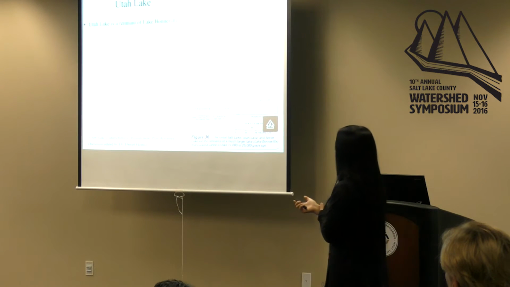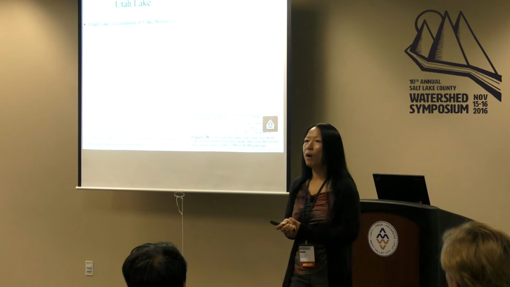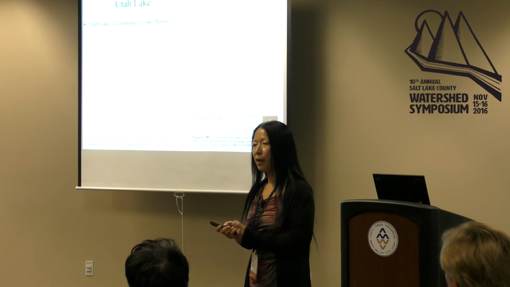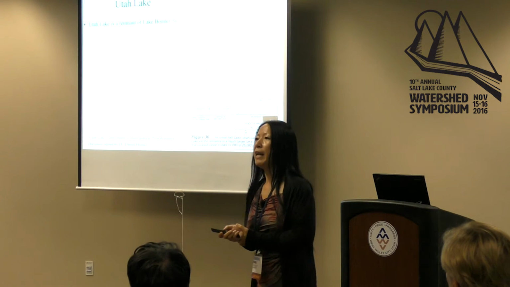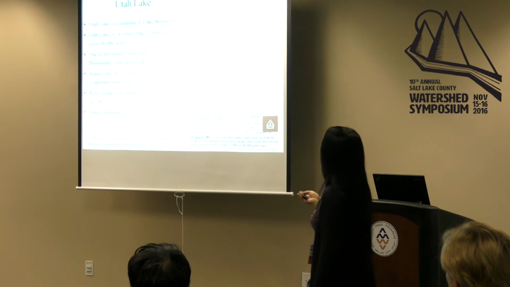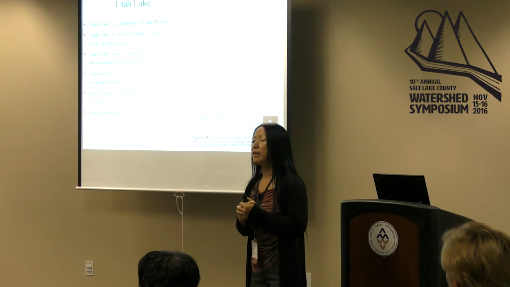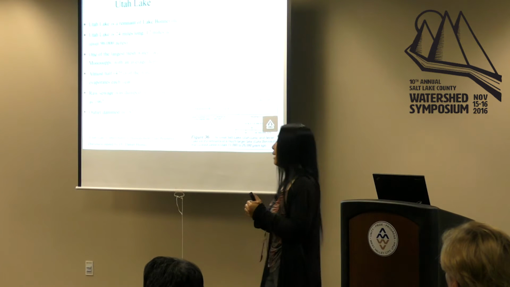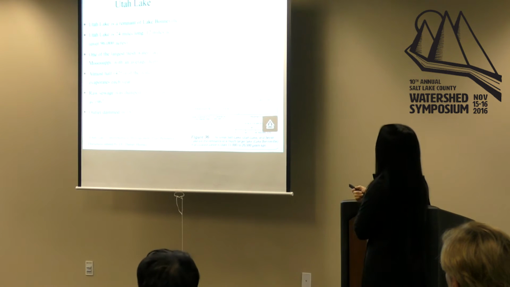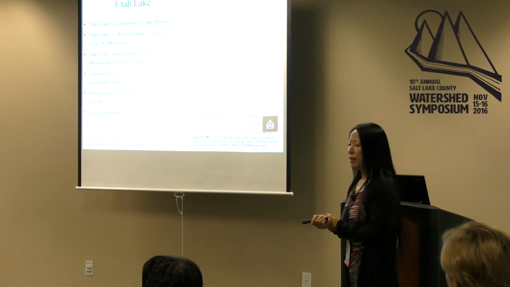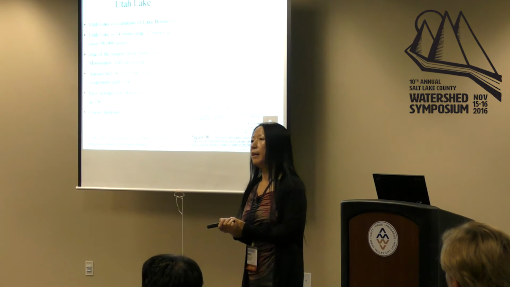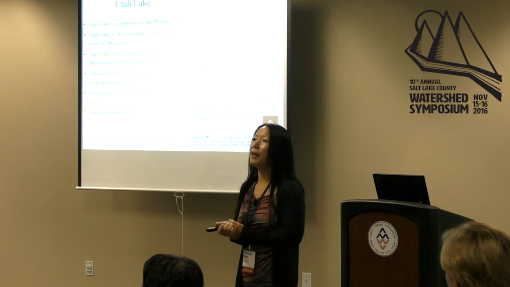Okay, so the Utah Lake general information: it is one of the 3 major remnants of Lake Bonneville. It's very shallow, so whenever you have some wind, people will be concerned about safety when they are on the lake. And it's also pretty big. It's one of the largest freshwater lakes west of the Mississippi. So it's very important.